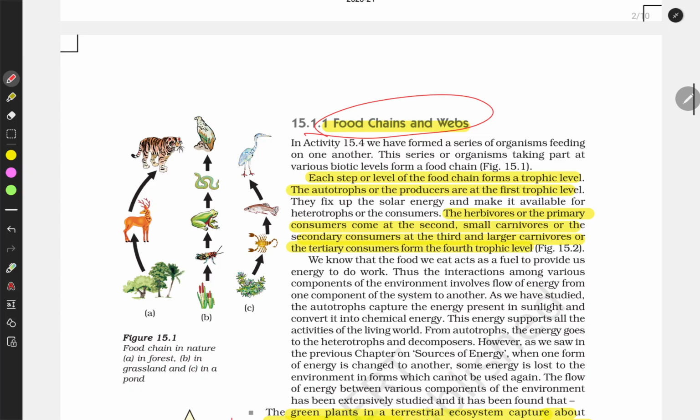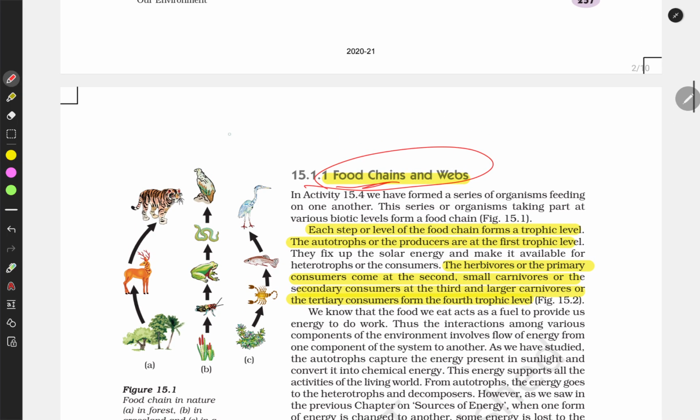We have a food chain and food web. We don't actually have a food chain, because it is not like there will be only a chain of foods. There is a complex nature of the food here, so we call it a food web.